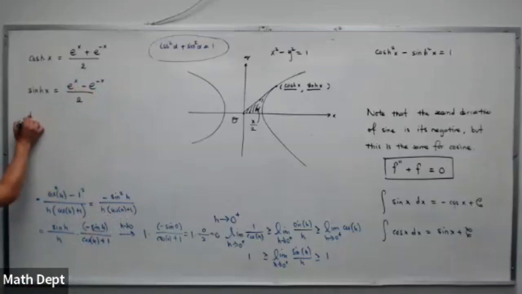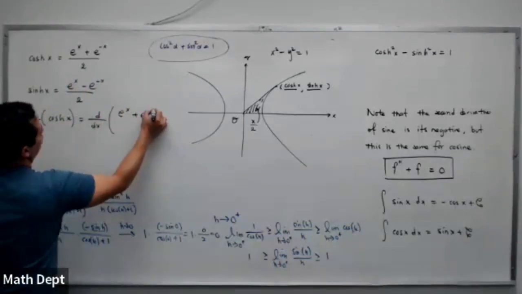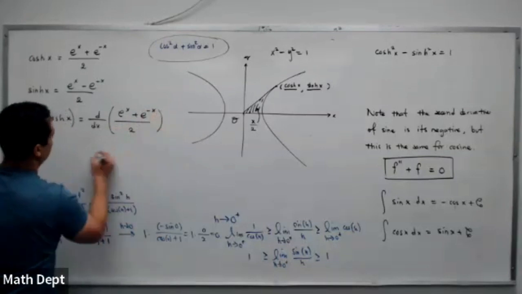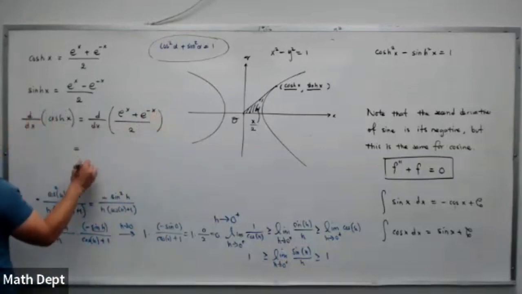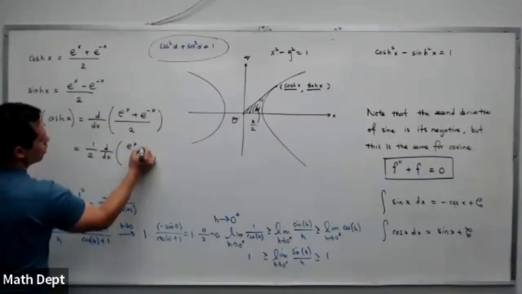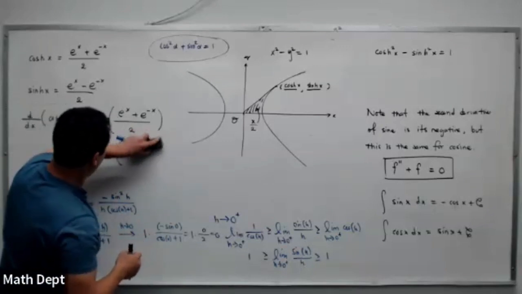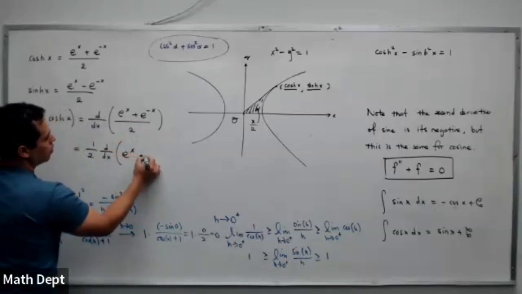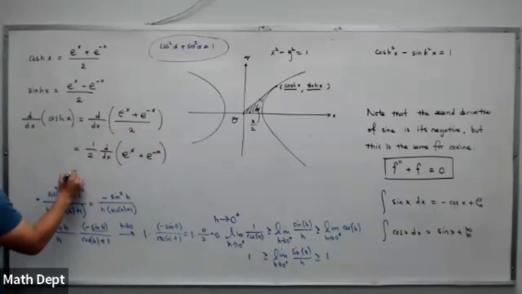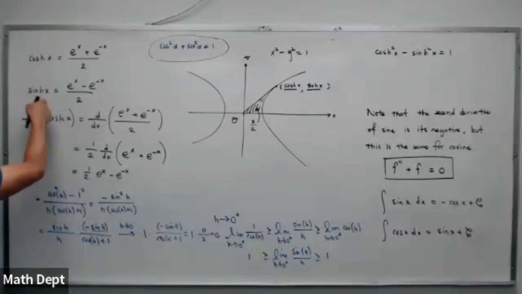So if we start with the derivative with respect to x of cosine hx, that would be the derivative with respect to x of e to the x plus e to the negative x over 2, which is just, taking fractions, 1 over 2, derivative with respect to x of e to the x plus e to the negative x. Chain rule will give e to the x minus e to the negative x. That's exactly the hyperbolic sine.